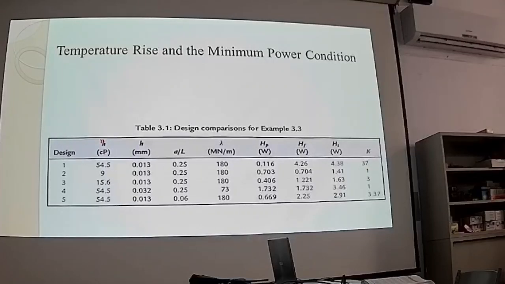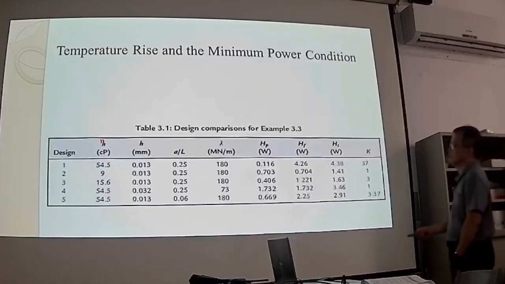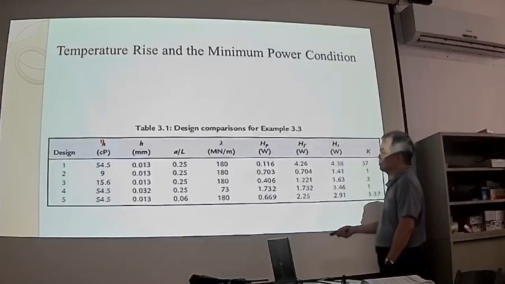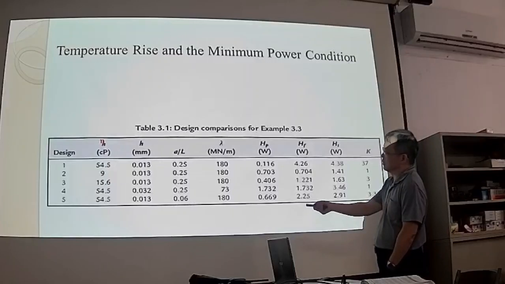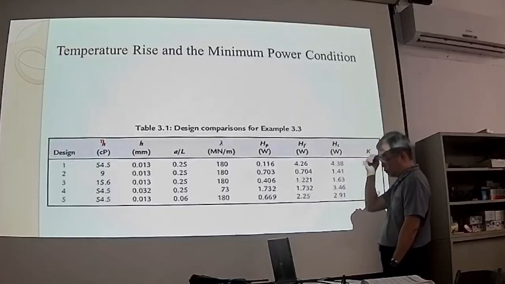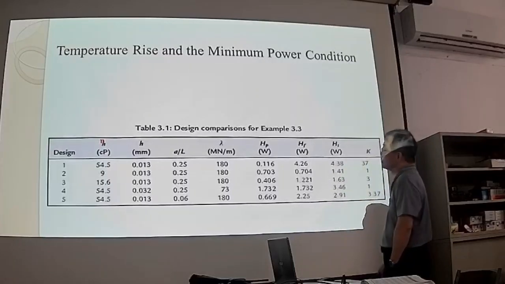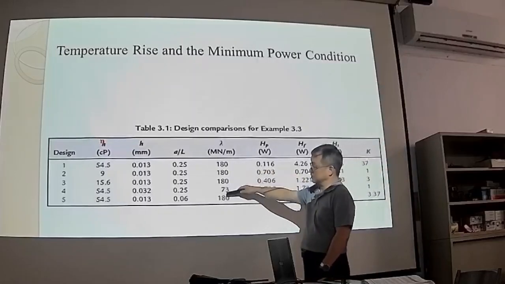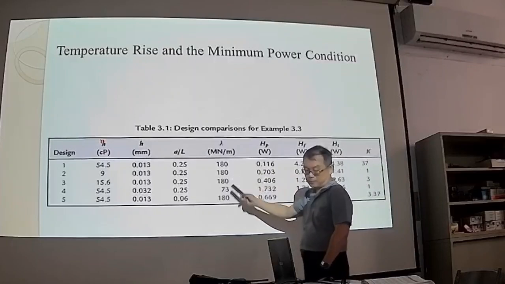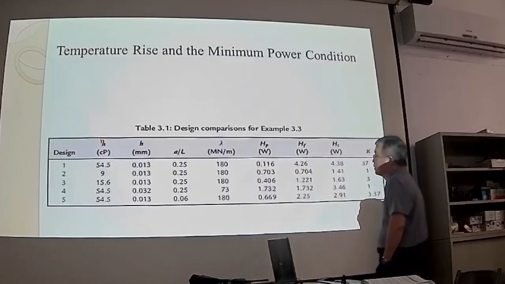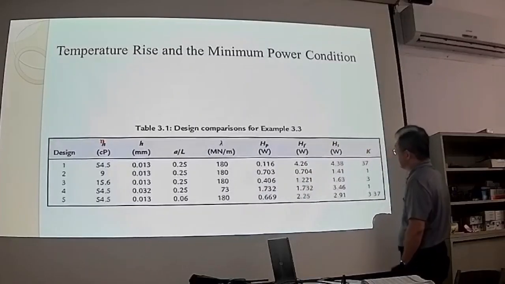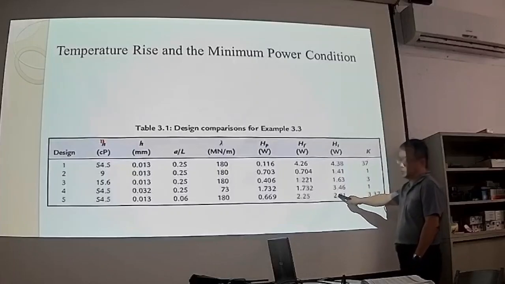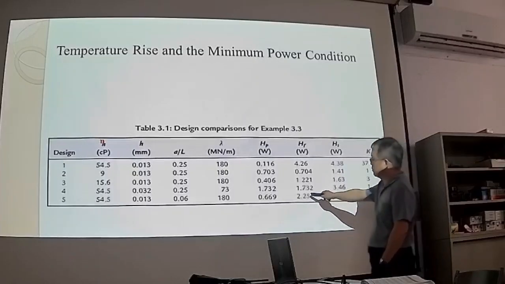And for the fifth design, the only change is the land width ratio. So we reduce the land width ratio. So the stiffness is not affected, okay, but the total power is dropping because the friction power dropped significantly.